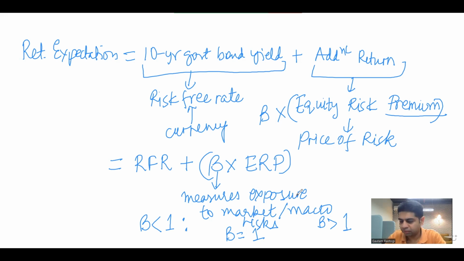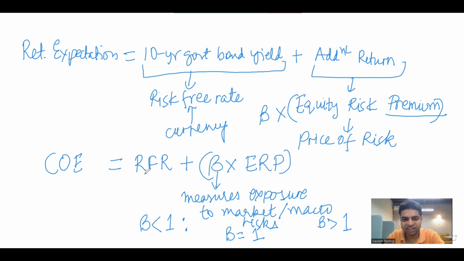And by the way, this risk-free rate plus beta times equity risk premium is called your cost of equity. Think of this as your minimum return expectation.